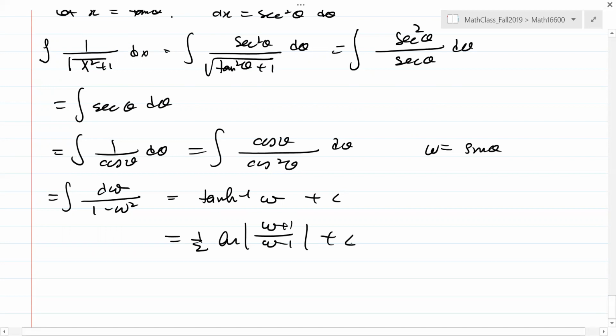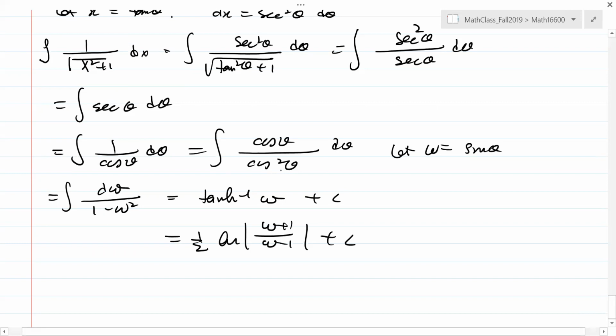How do you go from cosine to w equals sine? I let w be sine theta in order to evaluate this integral, because I forgot the integral of secant theta. If you remember that, then just write down the answer.